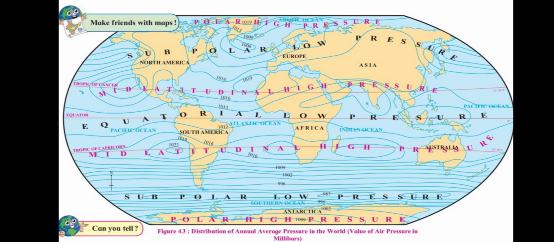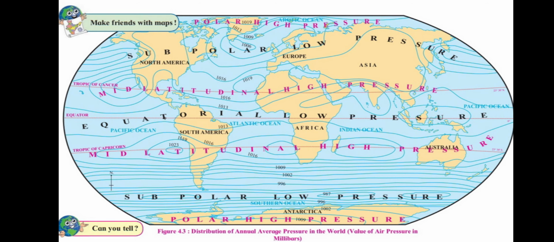Okay, see this figure. In this figure, some lines are there. They are in blue color. Are you able to see this? Now, carefully watch: on every line they wrote some numbers. Seen those numbers?